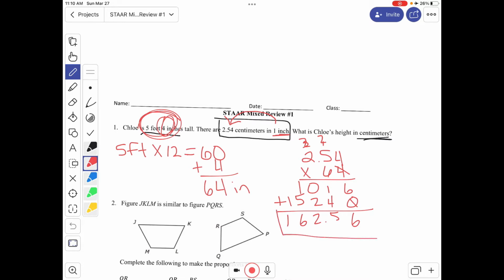Chloe's height in centimeters is 162.56.